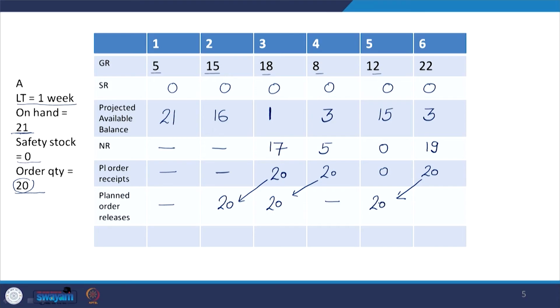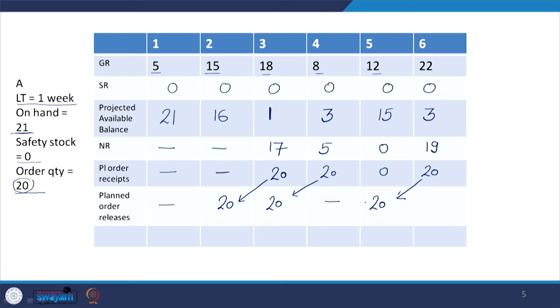So, this becomes the material requirement plan for A. You will place 3 orders, in week 2, week 3 and week 5, and that will help you in fulfilling the gross requirements for periods 1 to 6.